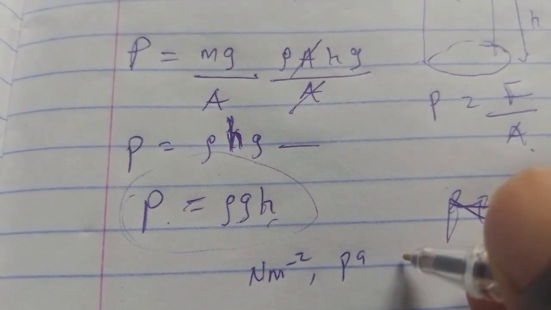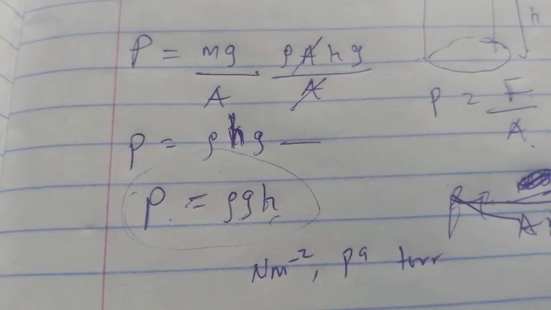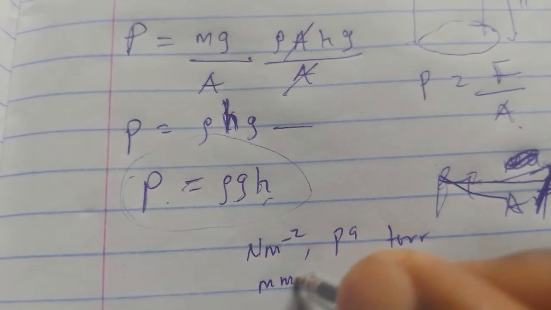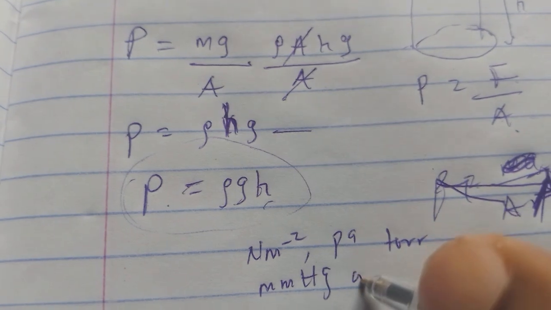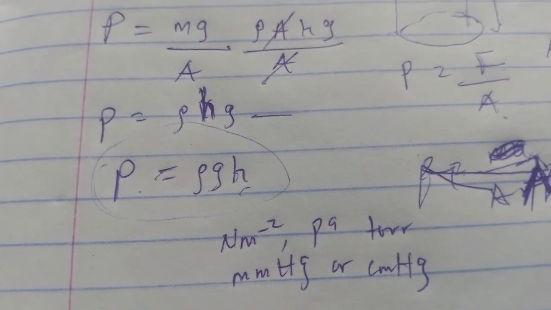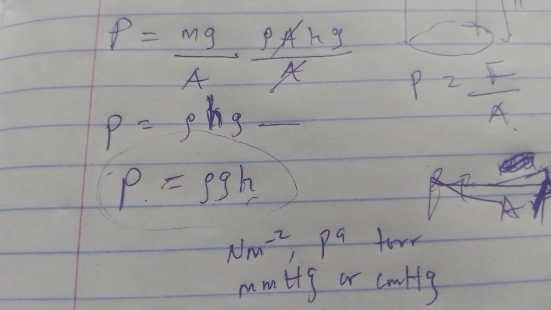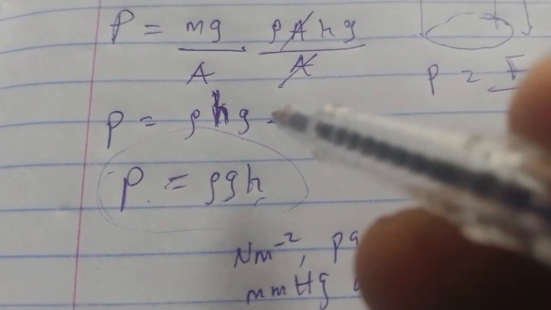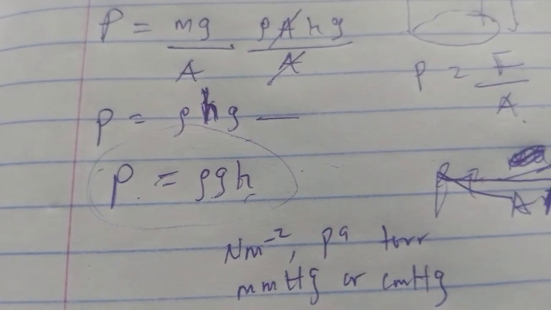Another unit is Torr. Another unit, especially the one used in chemistry, is millimeter mercury or centimeter mercury. I believe you understand.